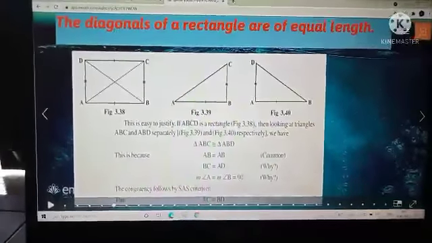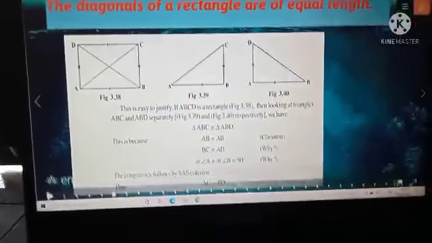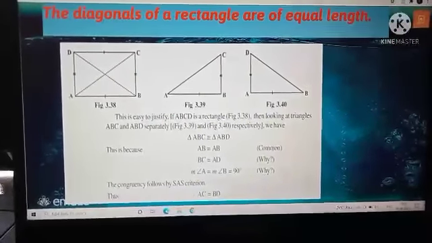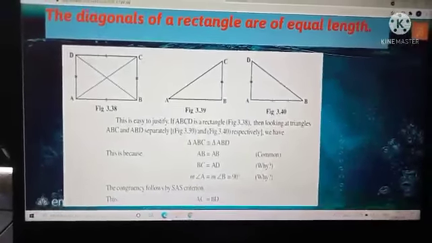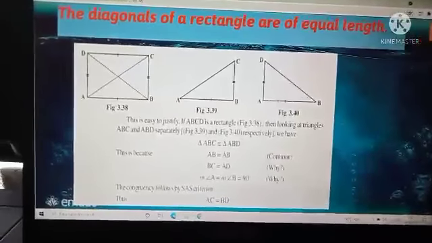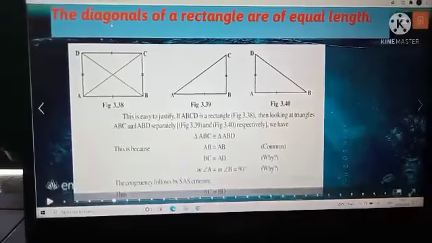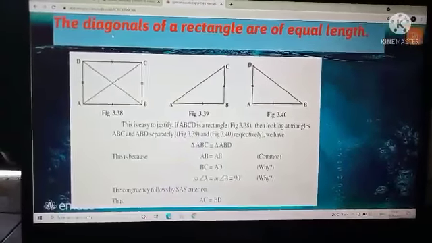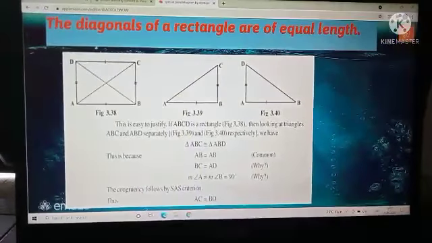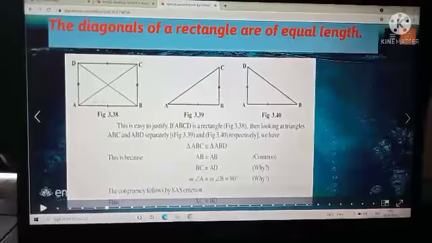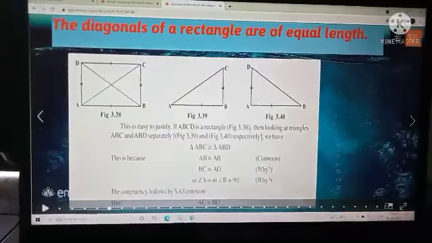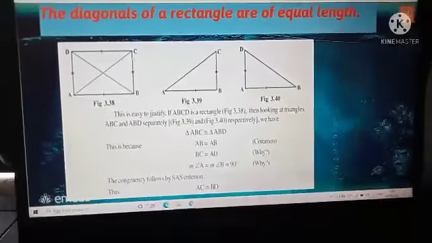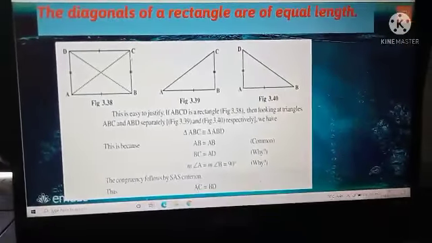Let's see the property of a rectangle. The diagonals of a rectangle are of equal length. See, ABCD is a rectangle and for proving this property, I am going to cut that rectangle into two triangles. Triangle ABC and triangle ADB.